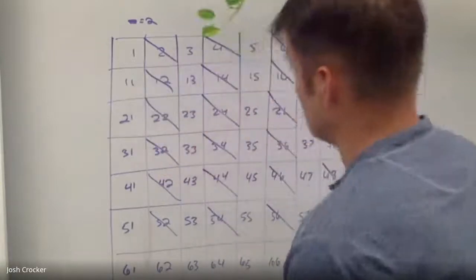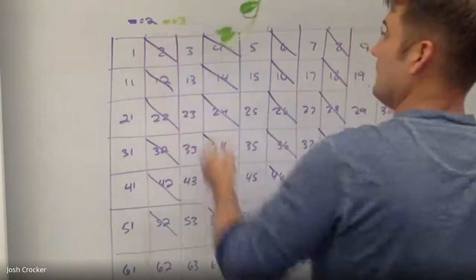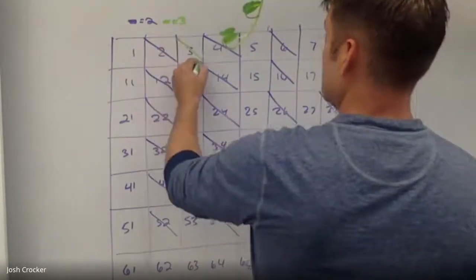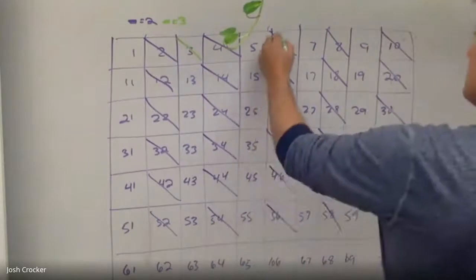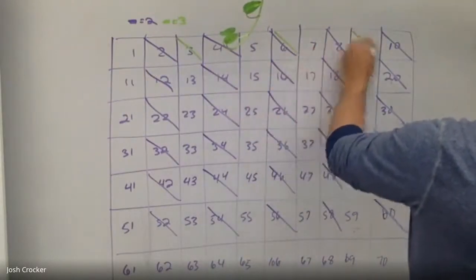So let's do another. Now we're going to find multiples of 3, starting with 3. 3 plus 3 is 6. You can see it's like 1, 2, 3. Mark that one.